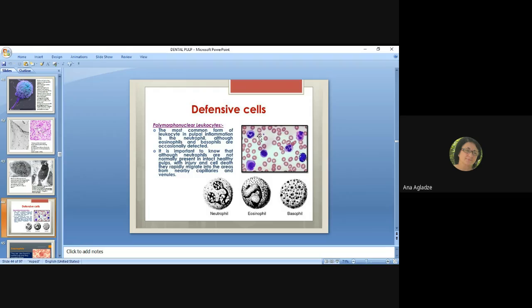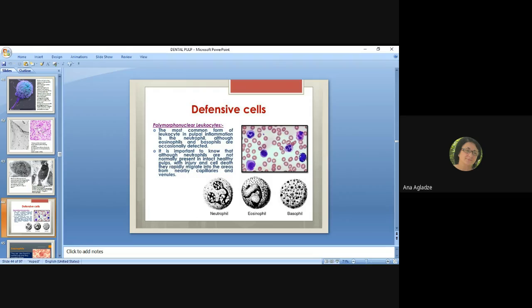And how to recognize eosinophils? Eosinophils, when their count is increased, may indicate allergic reactions; they modulate the allergic reactions. And how to recognize them on blood smears? In blood smears, you can see that they have granules, and these granules are pink or red, and they have a bilobed nucleus.